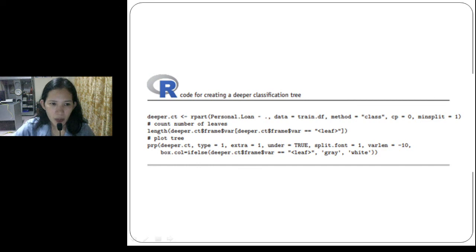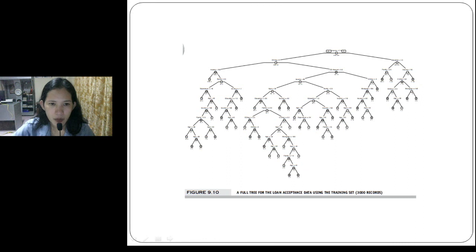Then we count the number of leaves using the length method, specifying deeper.ct$frame$var equals leaf. Then we plot the tree using the prp function. And here is the output, which is a deeper tree, a full tree for the loan acceptance data using the training set of 3,000 records.